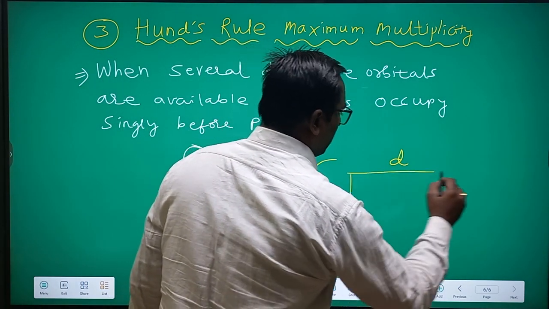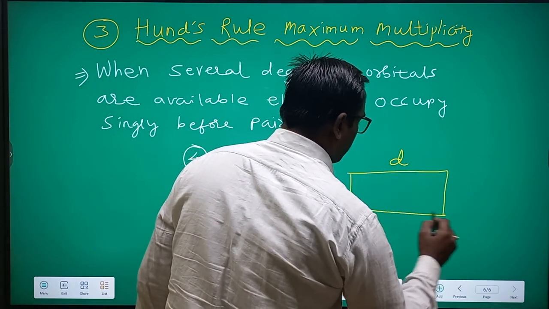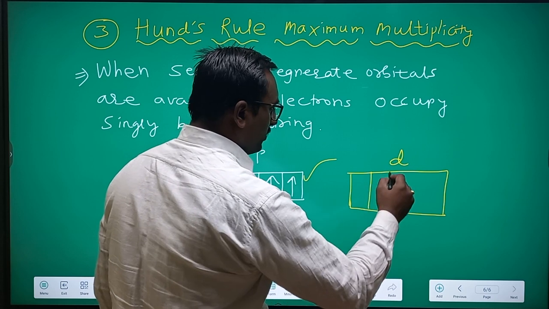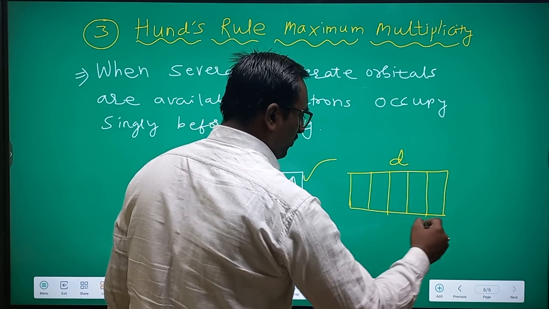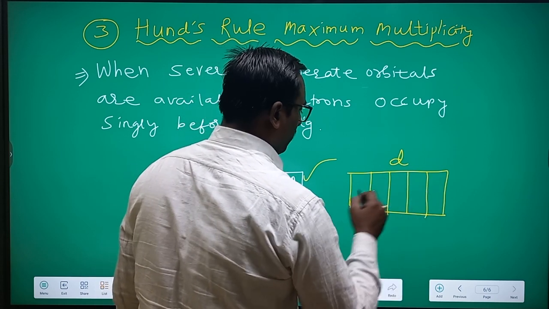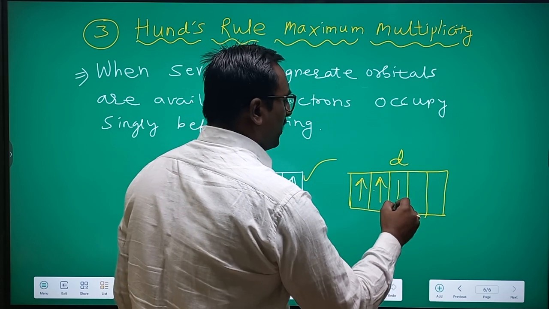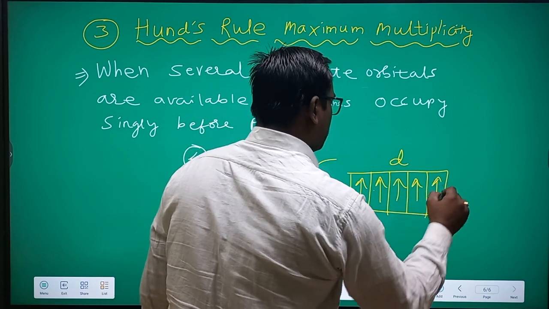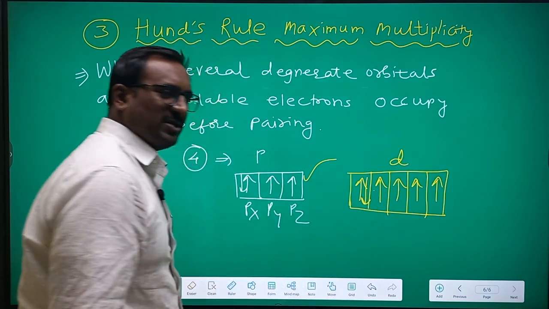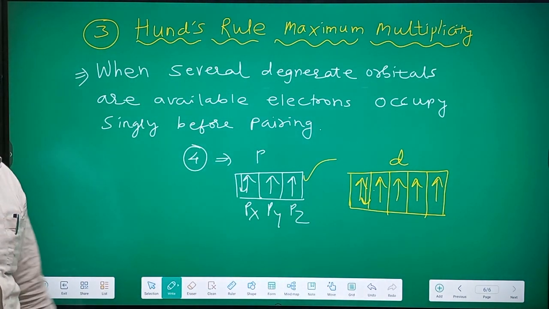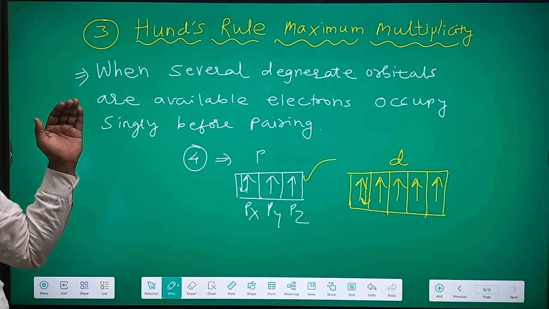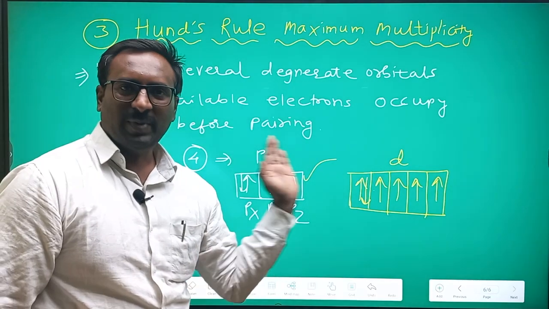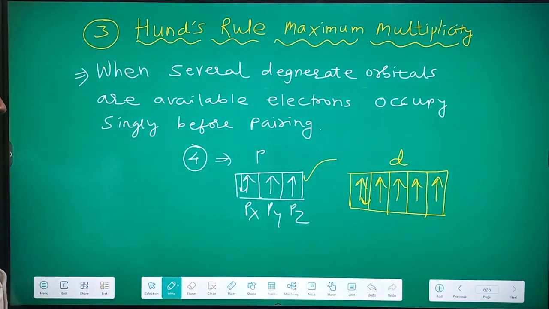D orbital has how many orientations? 1, 2, 3, 4, 5. Suppose I have d orbital and 6 electrons. Then they will be arranged like this. So electrons are filled singly before pairing. This is Hund's rule.